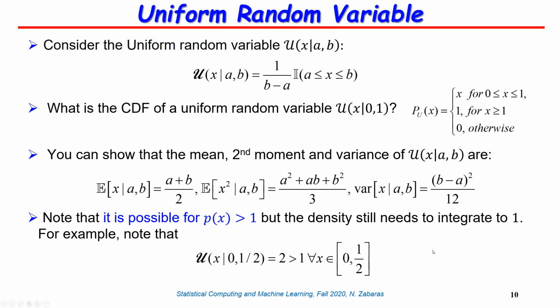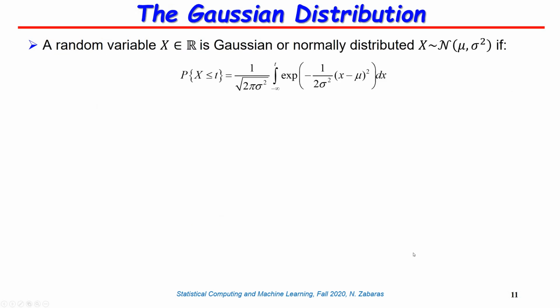Okay, let's move to another distribution. So this is our definition of the univariate Gaussian. We say the random variable x is a Gaussian, and we denote it like this, where the parameters mu and sigma squared are the mean and the variance, if the probability of capital X being less than or equal to little t is this integral.